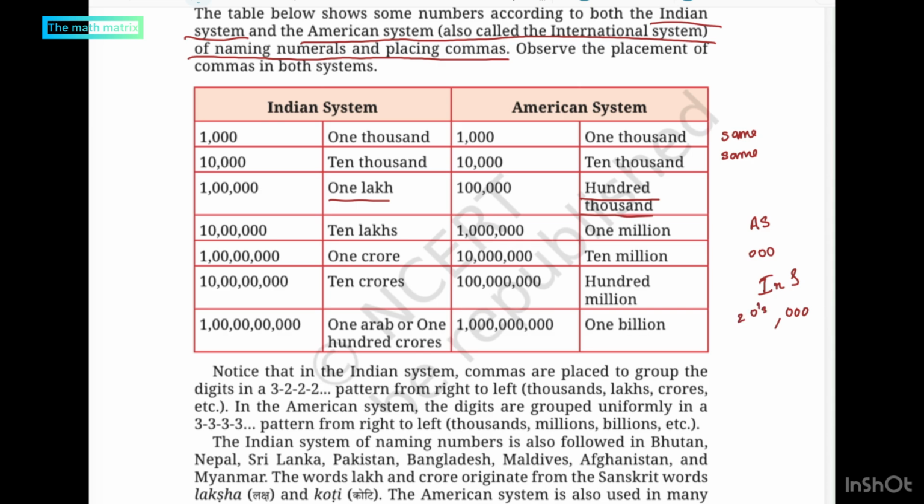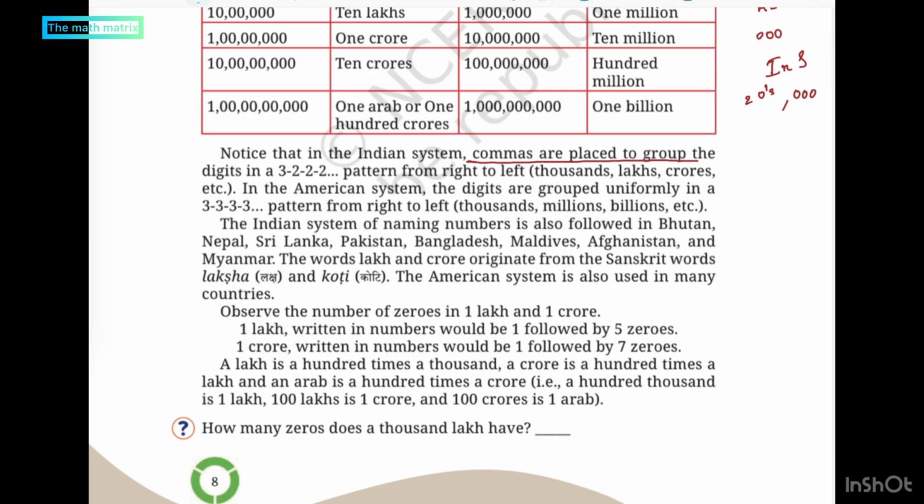Notice that in the Indian system, commas are placed to group the digits in a 3-2-2-2 pattern from right to left: thousands, lakhs, crores, etc. But in the American system, the digits are grouped uniformly in a 3-3-3-3 pattern.